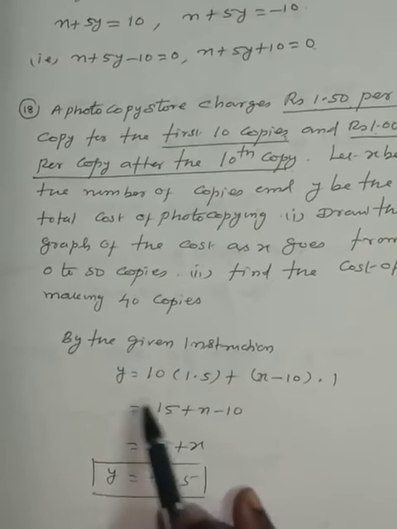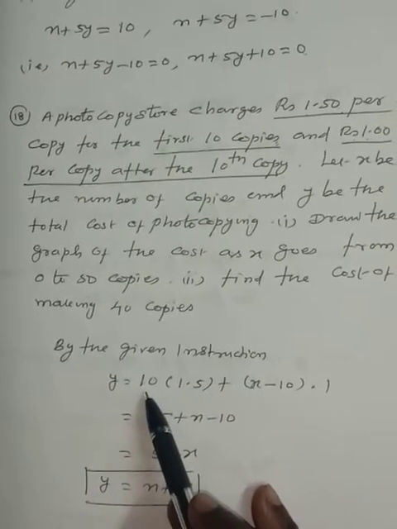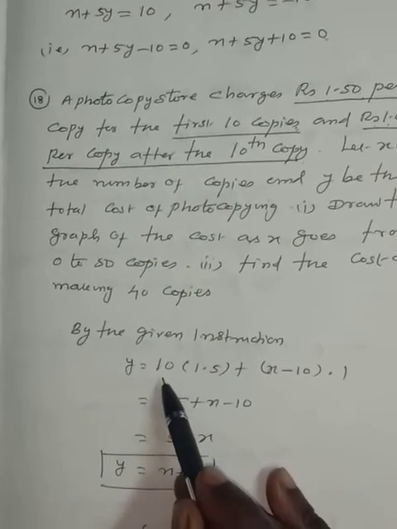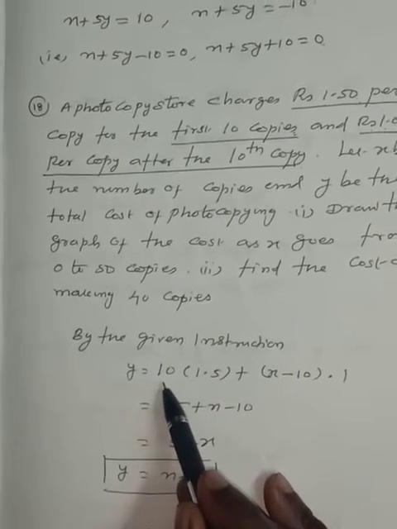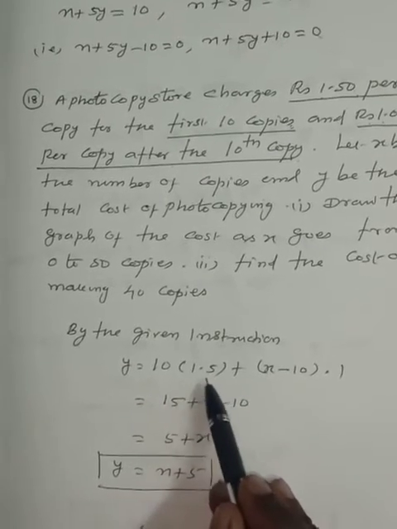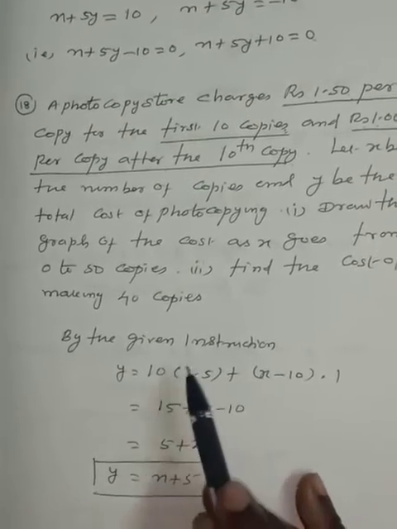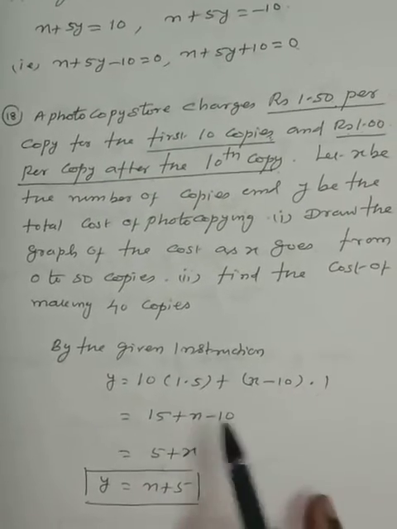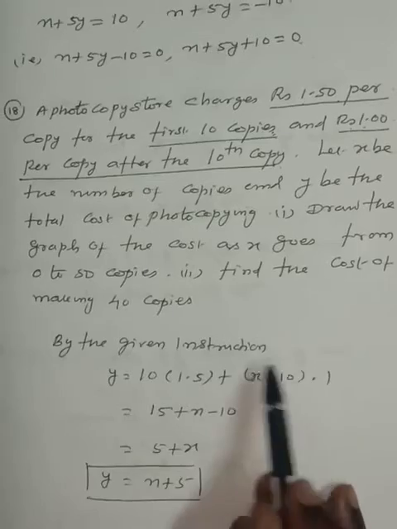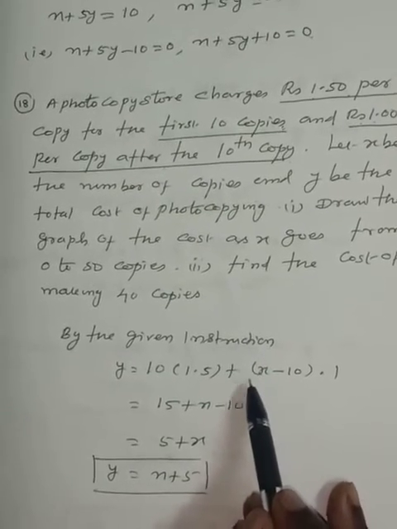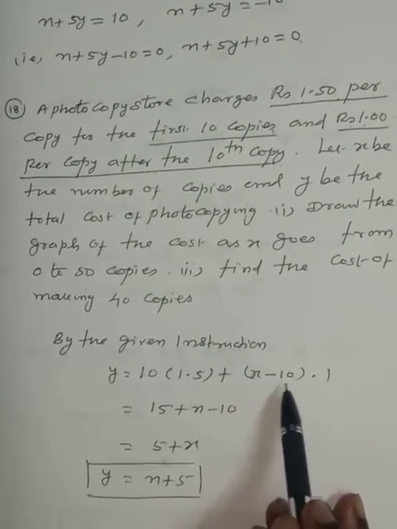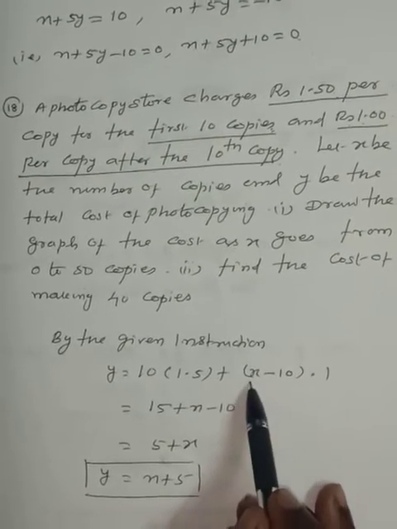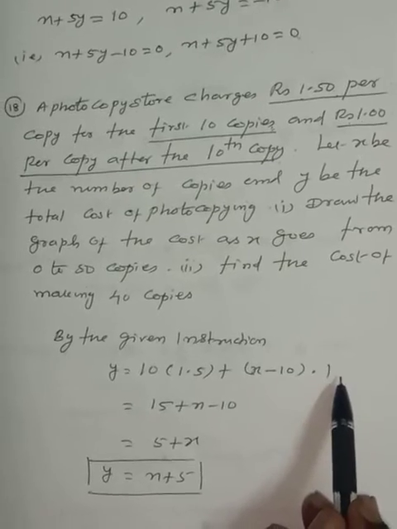By the given instruction, y is equal to 10 into 1.5 for the first 10 copies, plus the remaining copies, x minus 10, for the next copies, 11 to 20 copies and so on. Each copy costs rupees 1, so x minus 10 into 1.